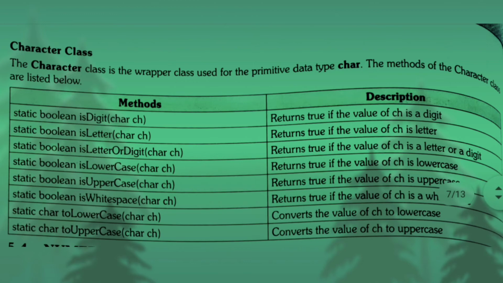It will return true if the argument is a letter or digit, otherwise it will return false. isLowerCase, if the argument is in lowercase, it will return true, otherwise false. isUpperCase, it will return true if the argument given is in uppercase. If the argument is in small case, then it will return false. So these are the methods of the Character class. Some are testing functions and some are conversion functions.